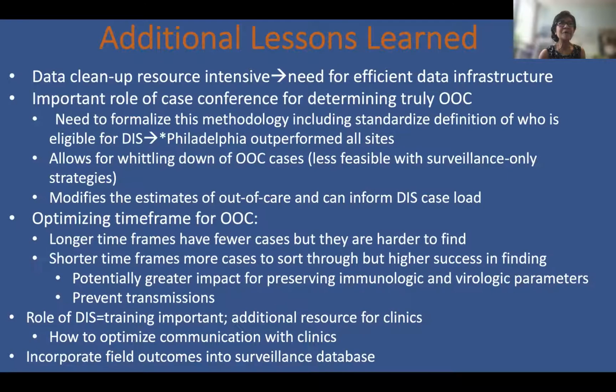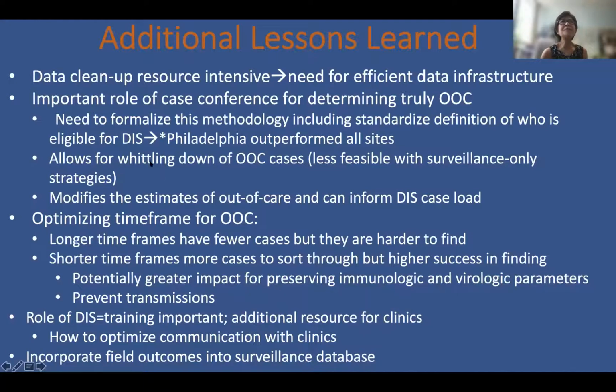We didn't formalize our case conferencing methodology until a little later in the grant. But as I've worked on other projects, this case conferencing is that important link where the clinic talks to the health department, and that concept cannot be underestimated.